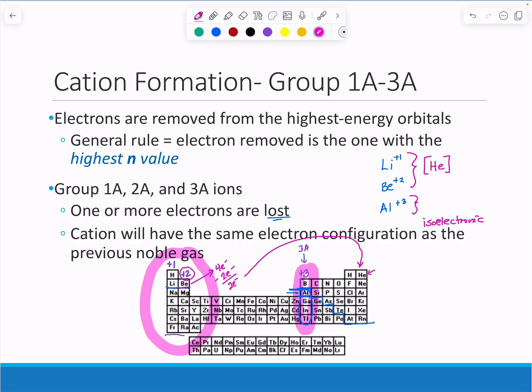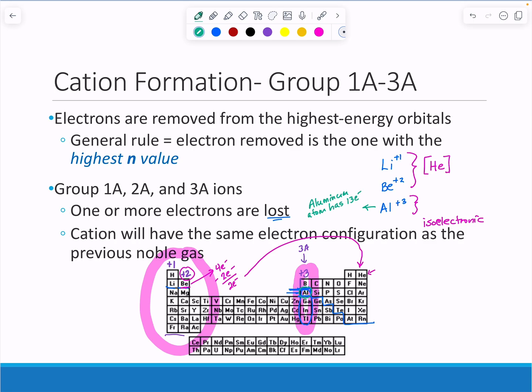All right, so what about considering aluminum? Aluminum again is in group 3A. It's going to lose 3 electrons. So aluminum has an atomic number of 13. So an aluminum atom has 13 electrons.